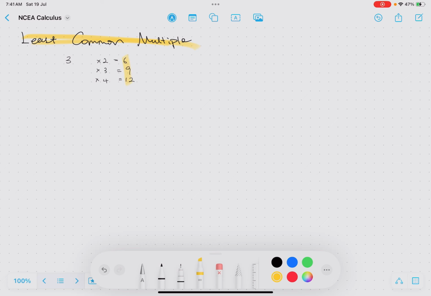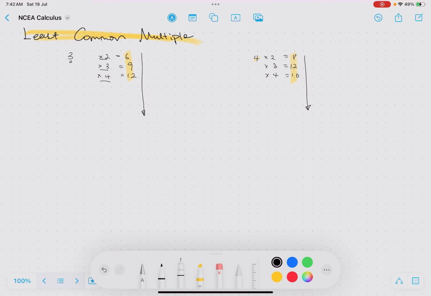You can see this list can just go on and on forever. Let's pick another number, such as 4. So 4 times 2, that's 8. Times 3, 12. And then times 4, that is 16. Same thing. These are multiples of 4, and this list can go on forever as well.